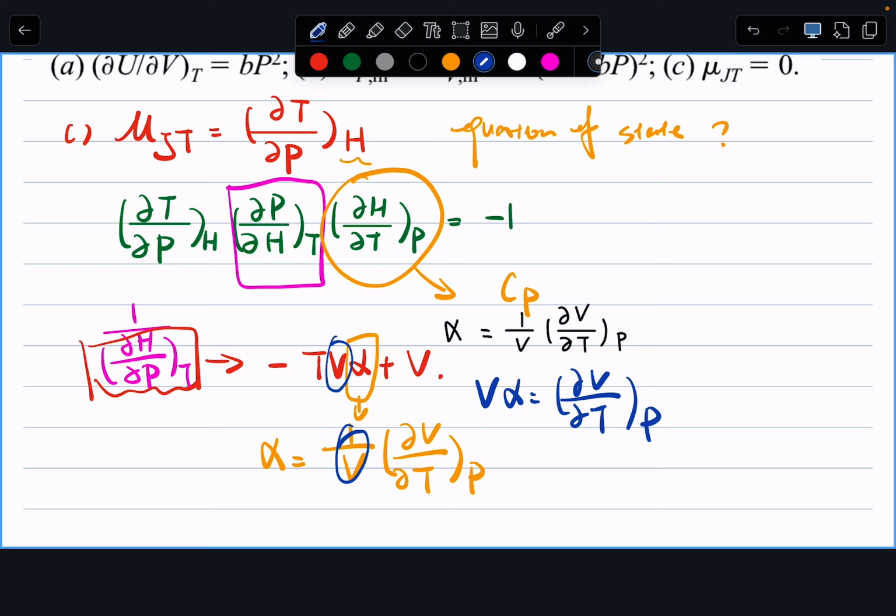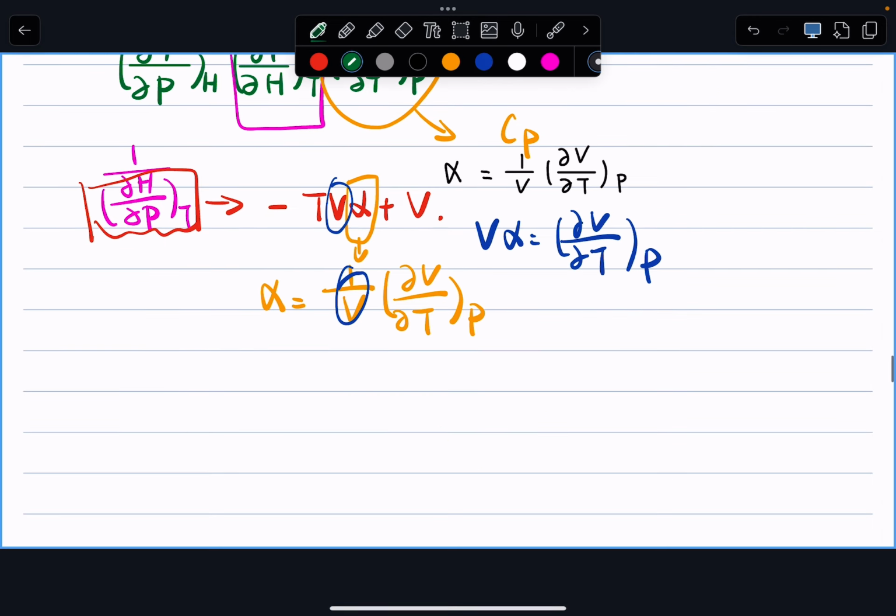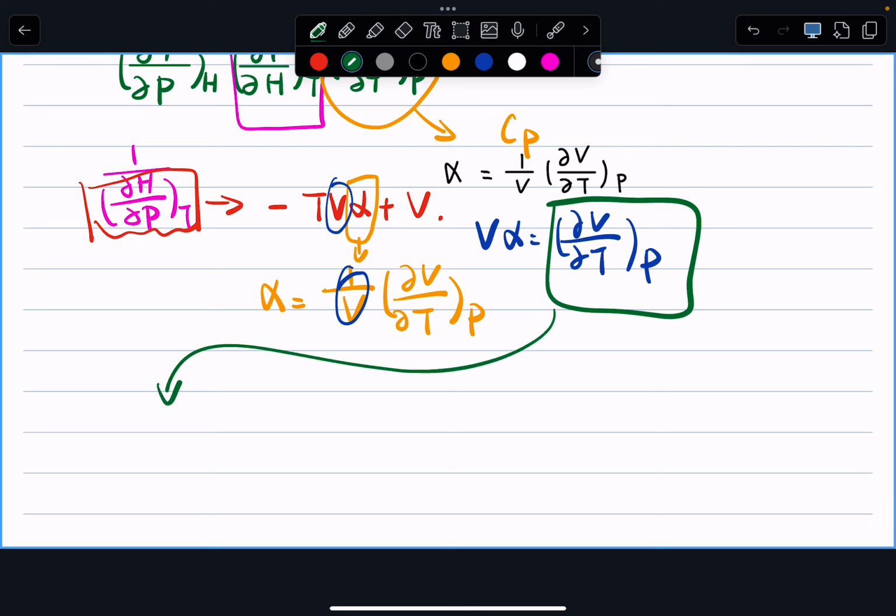And then thinking about the equation of state. Do we know how to solve this partial differential equation? We do, right? We just rewrite it into volume as a function of temperature and pressure. So from here, I want to write V equals RT plus BPRT divided by your pressure.